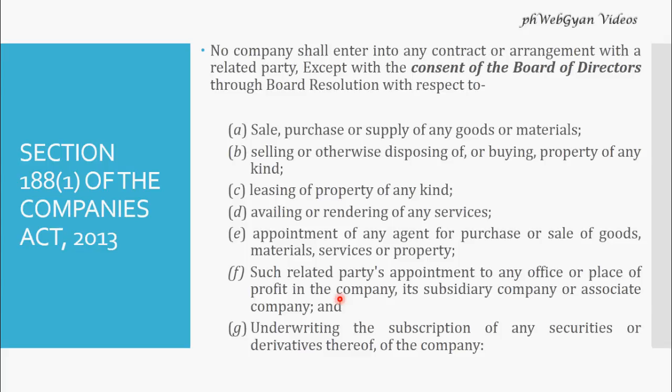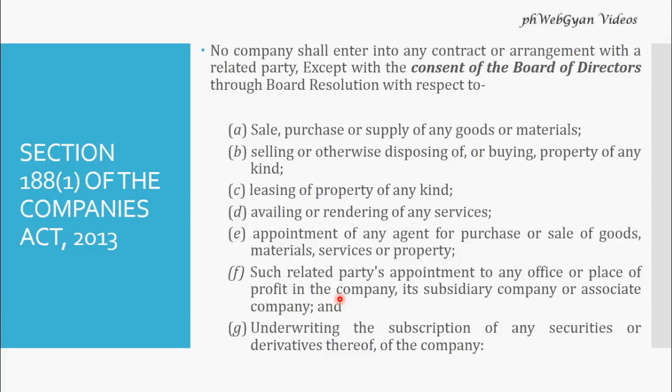Another important point here is to determine whether the person is holding this place of profit, and secondly what amount he is receiving. Because then only we can find out the limits.